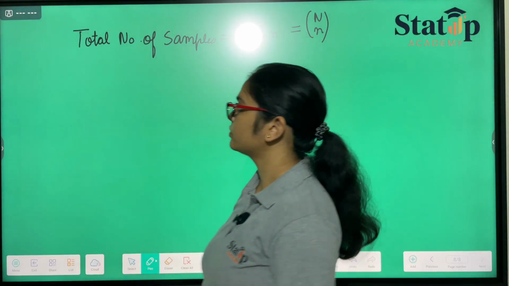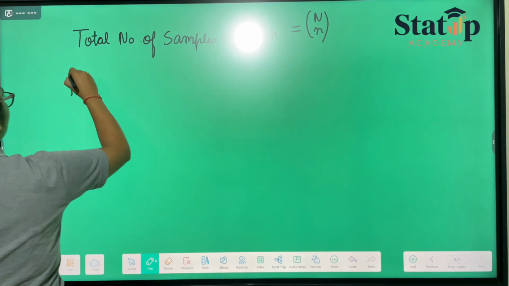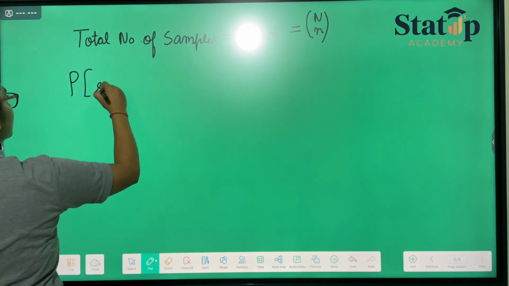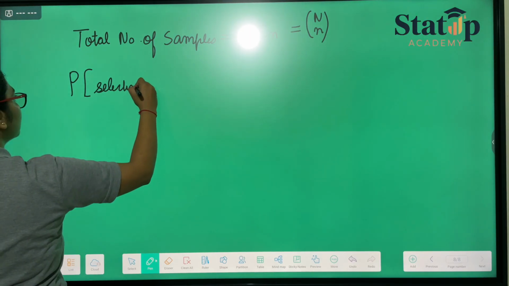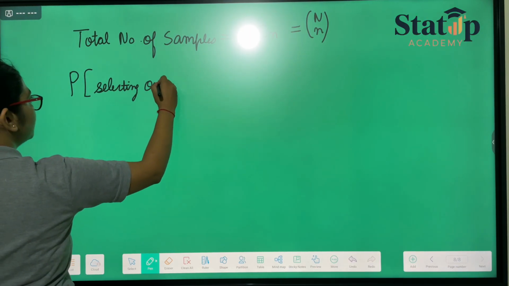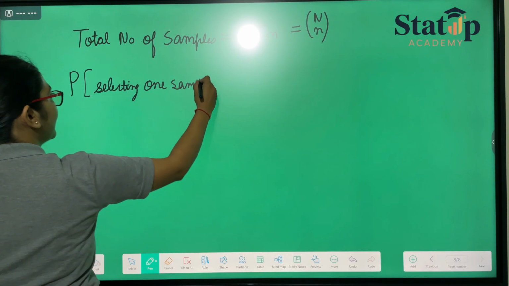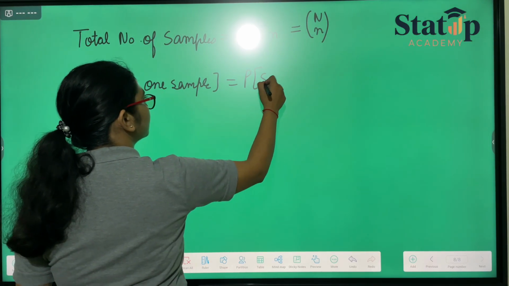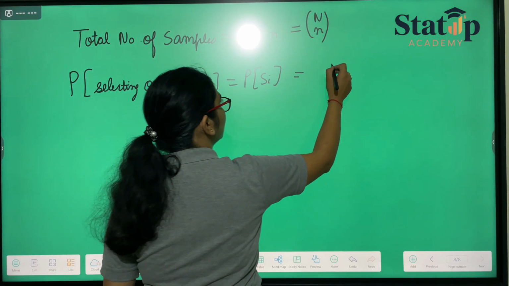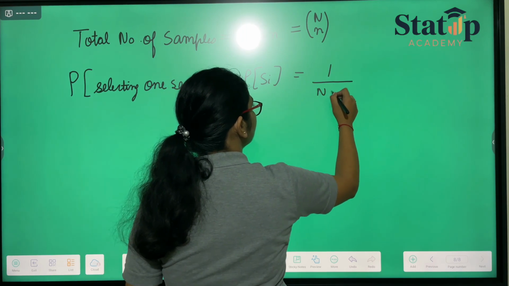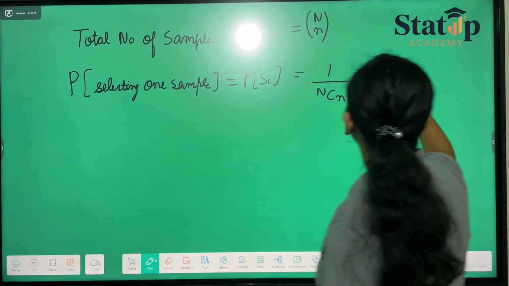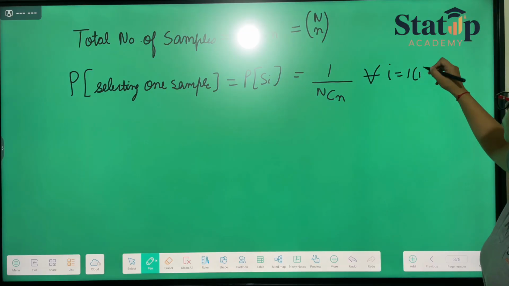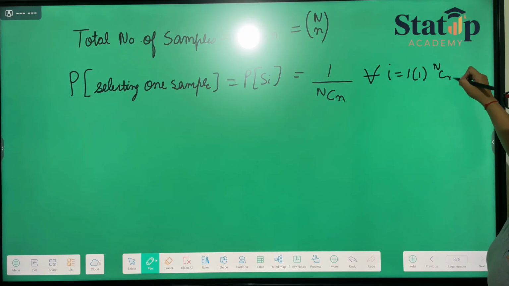These are the total number of samples. Now the last thing is the probability of selecting one sample, or the ith sample, which is nothing but 1 upon NCn, for i going from 1 to NCn.